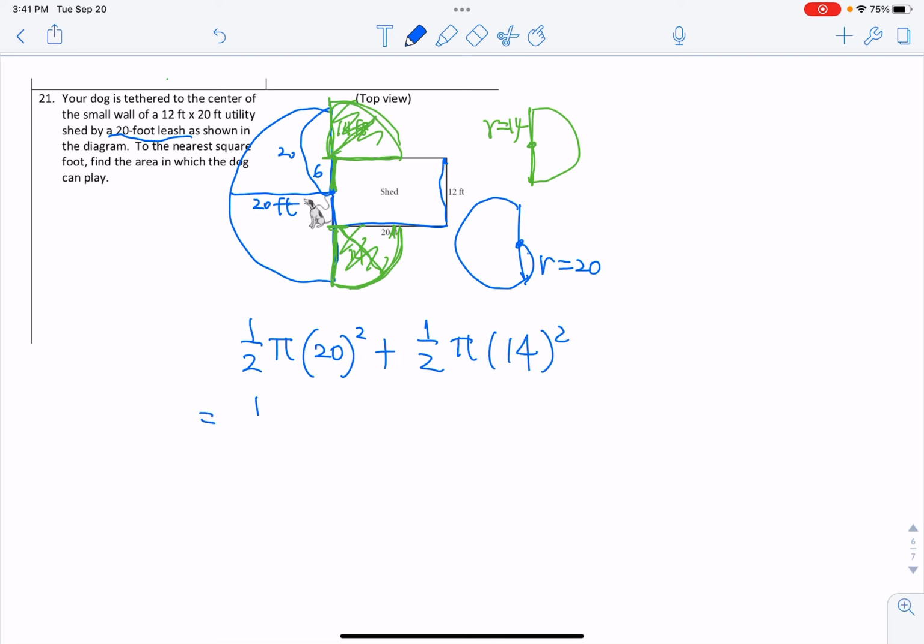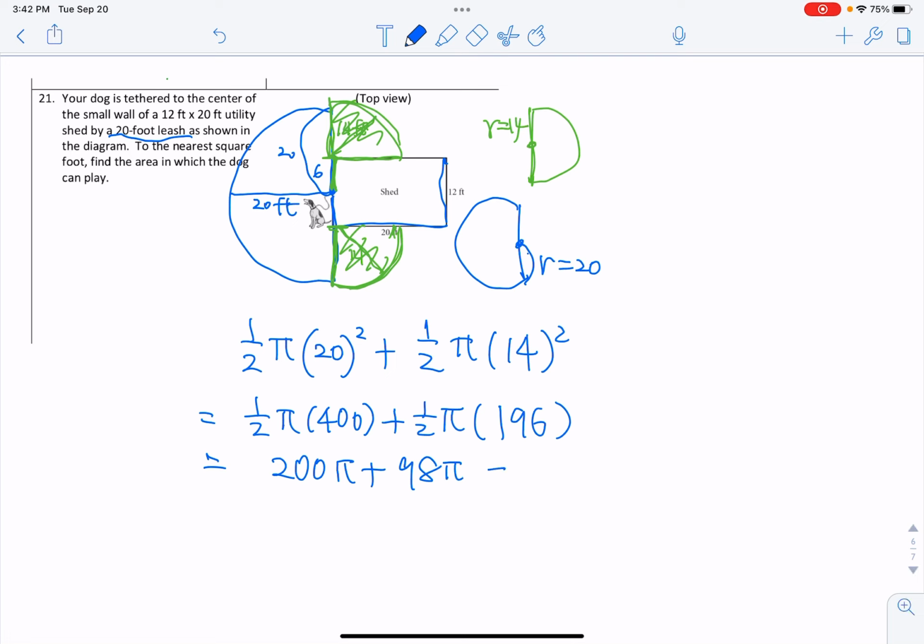It will be half of the pi 400 plus half of the pi 196, which will be 200 pi plus 98 pi, which gives you 298 pi feet squared.